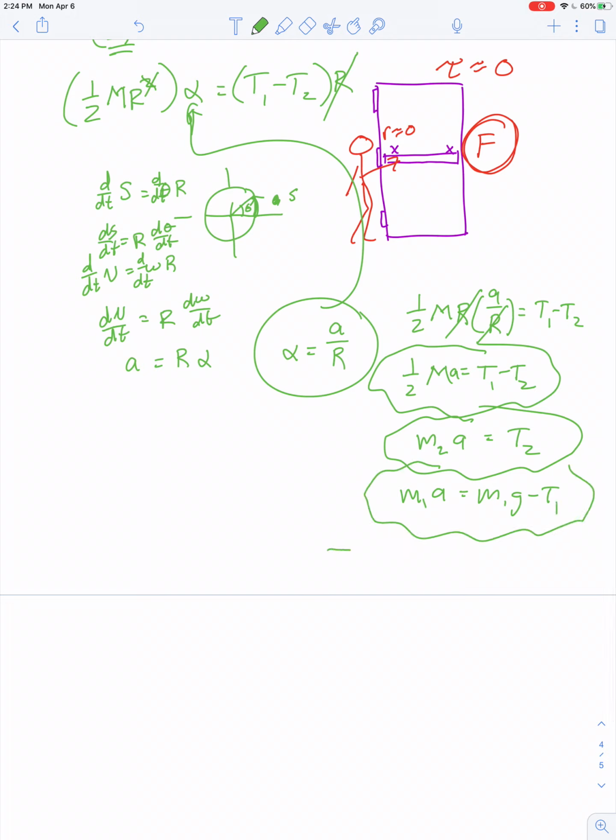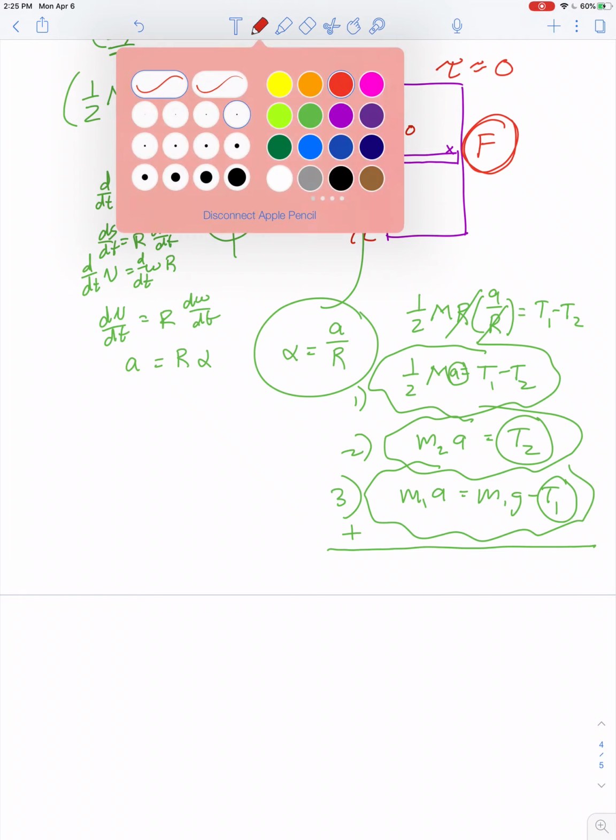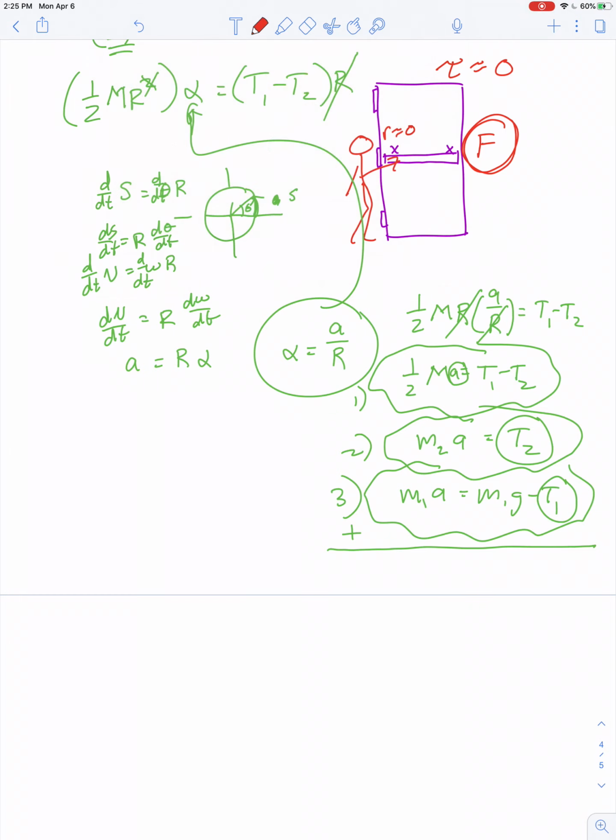Stick with me, I know we're going through this the long way. Now that I have 1, 2, 3 equations for 1, 2, 3 unknowns, it should all work out. And in fact, it simplifies quite nicely if I just add all the equations together. There's an A in that term, there's an A in this term, and there's an A in this term.